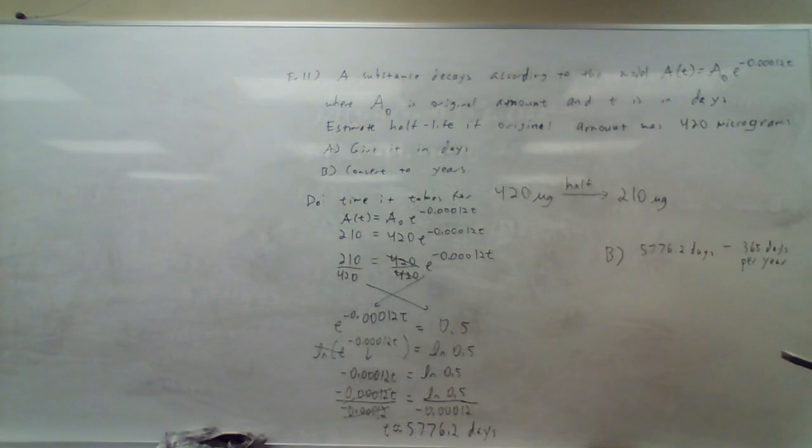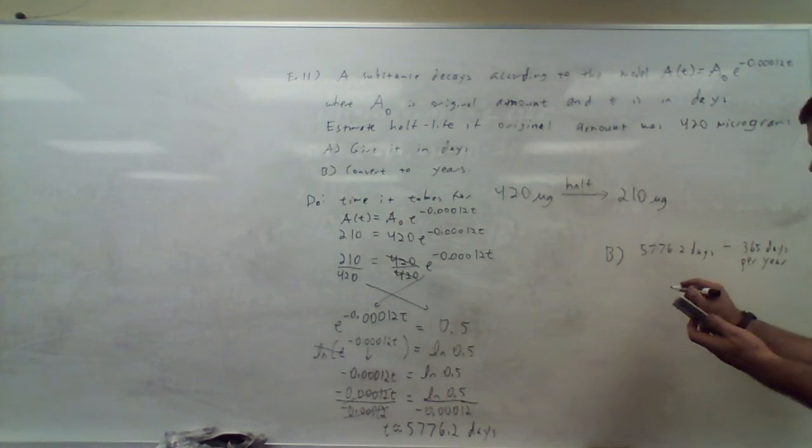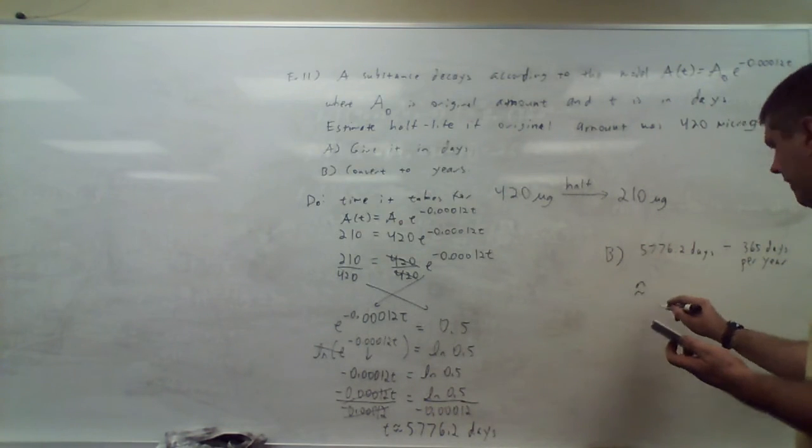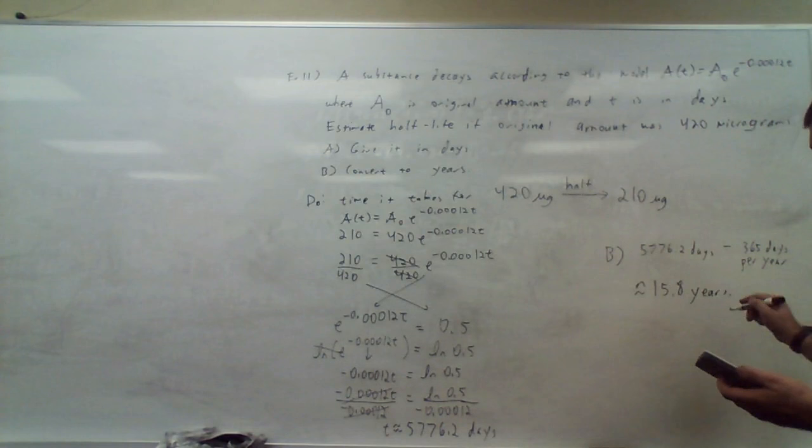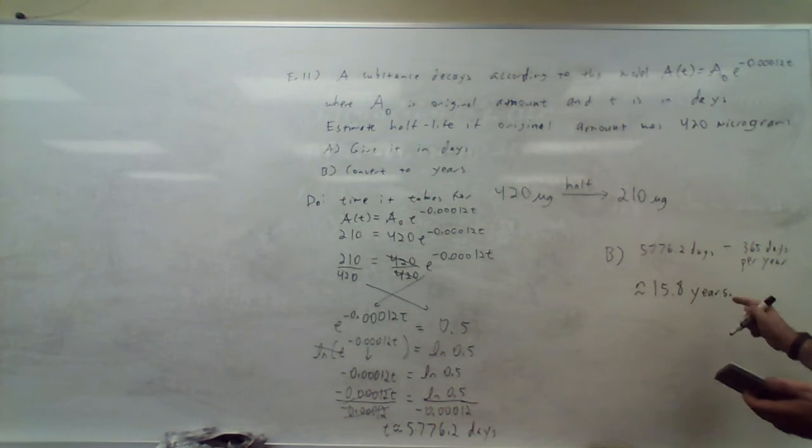So 5,776.2 divided by 365 is approximately 15.8 years. Okay, that's it.